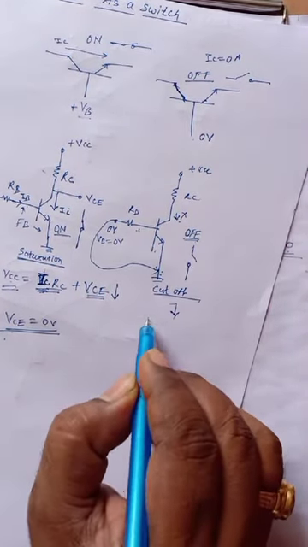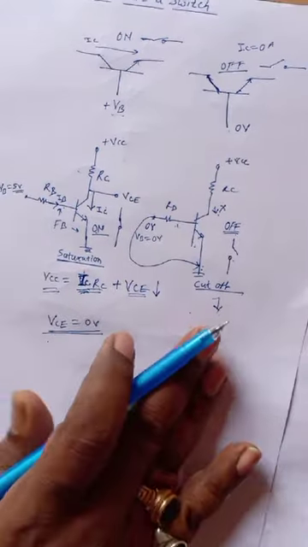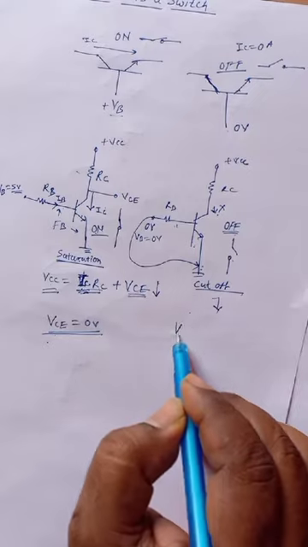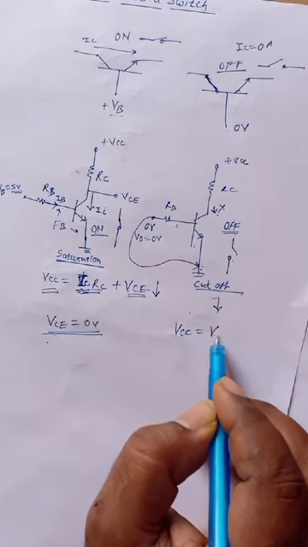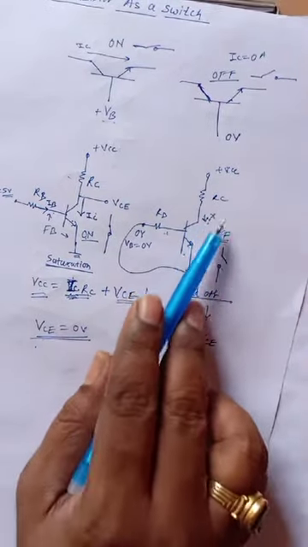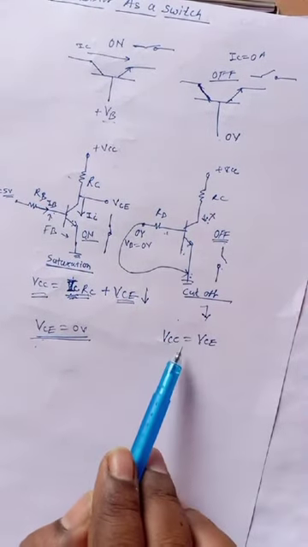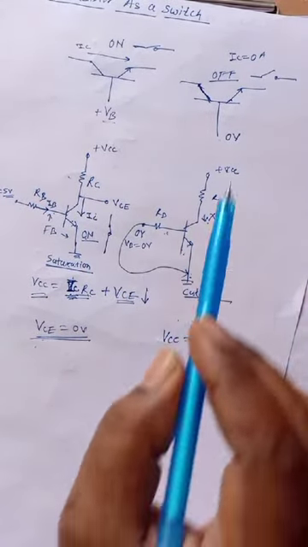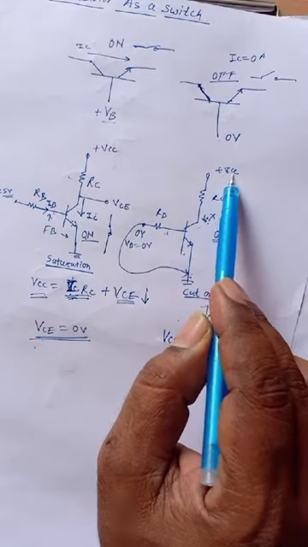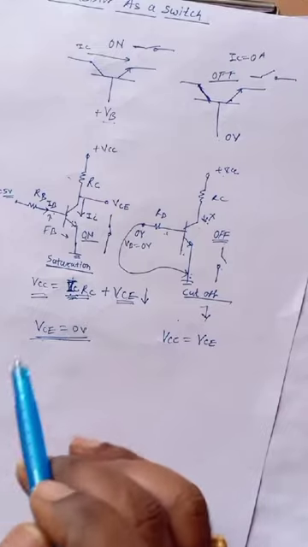From this equation, as collector current is 0, we get VCC equal to VCE. So this is the voltage drop across the transistor, collector to emitter. So this voltage nearly becomes equal to VCC because collector current is 0.